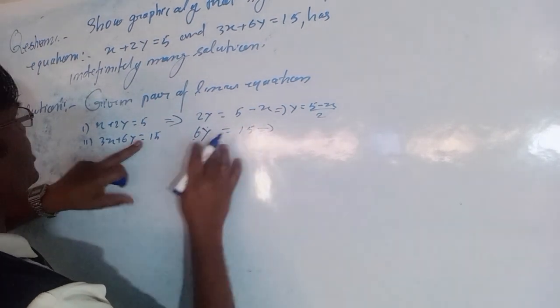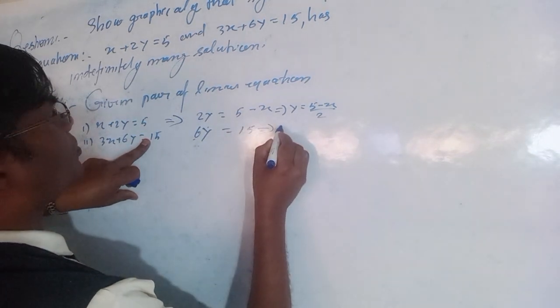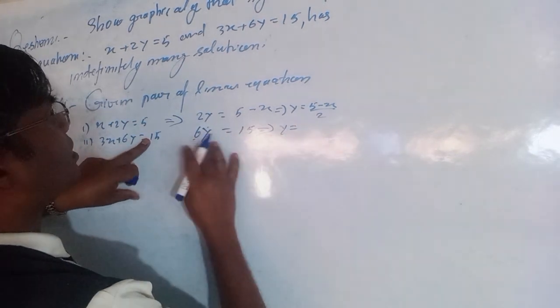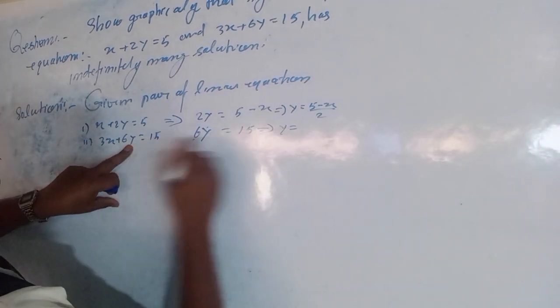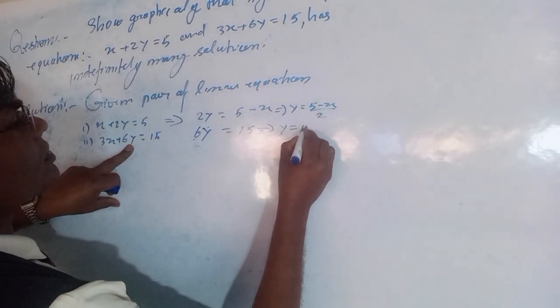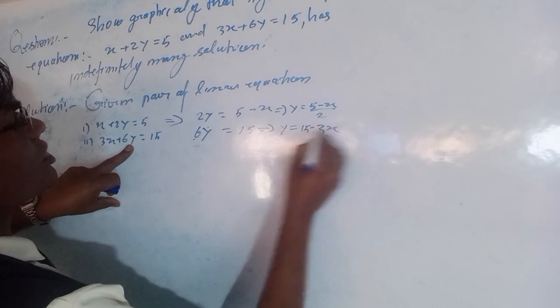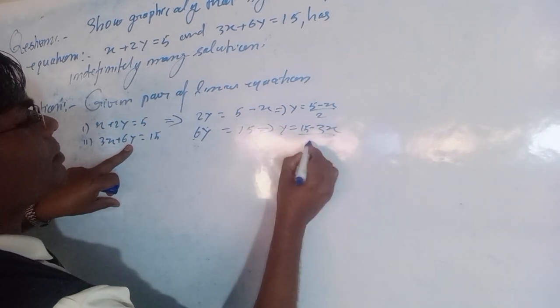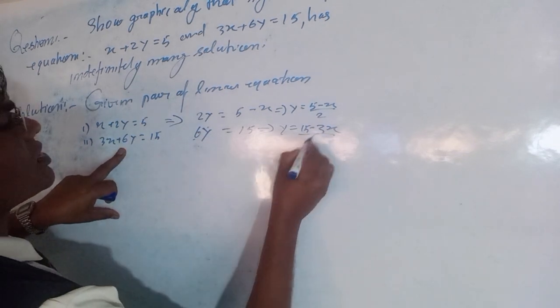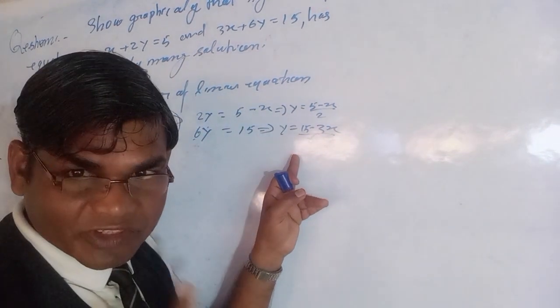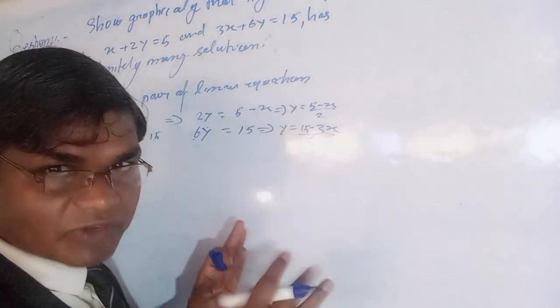Then again we will solve here, so y is equal to 15 minus 3x by 6. Okay, we have found the y value of both equations here.